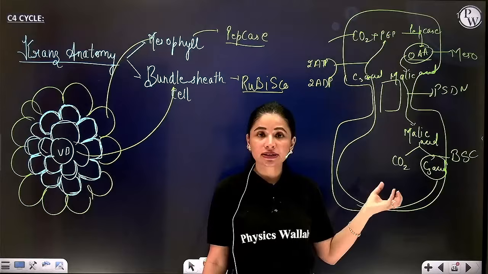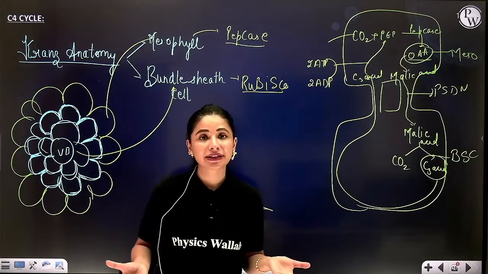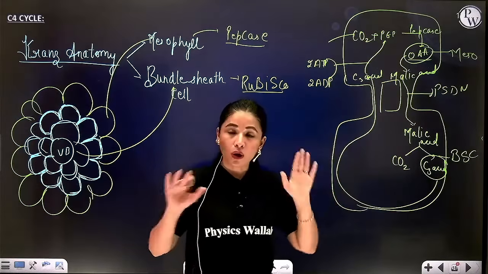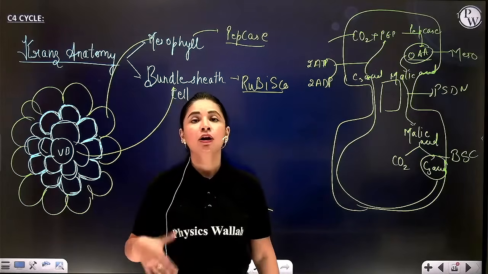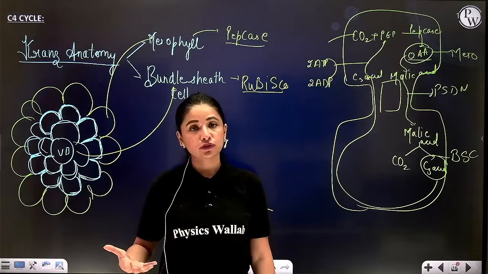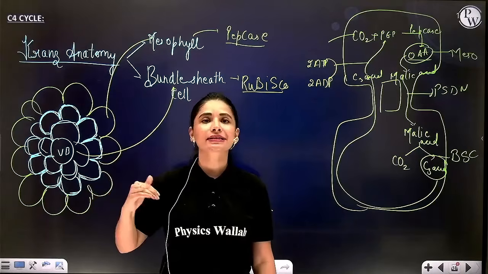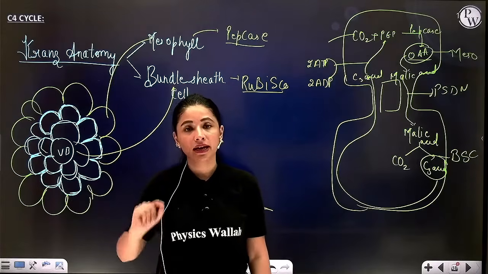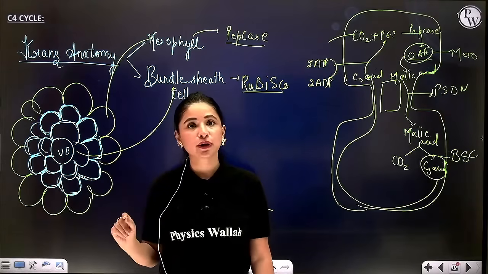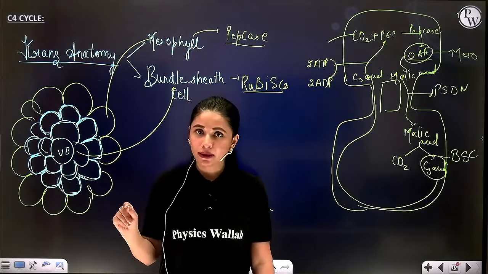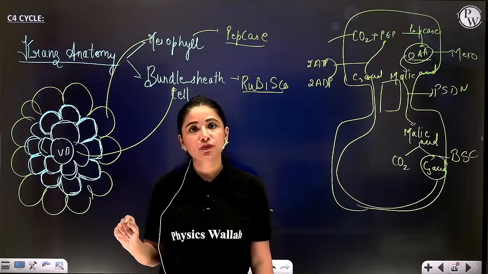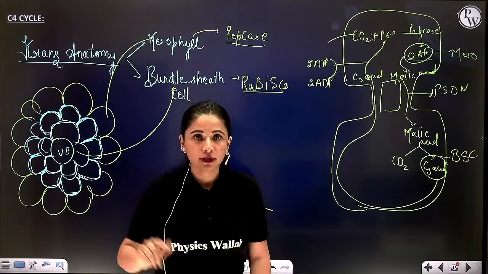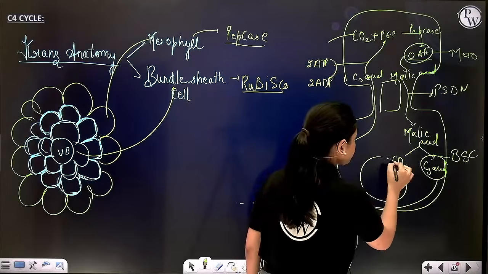CO2 concentration is always maintained high because C4 plants show an internal CO2 concentrating mechanism. The bundle sheath cells themselves manufacture their CO2 by the breakdown of malic acid. So always inside the bundle sheath cell, the concentration of CO2 is higher compared to O2. Hence, the CO2 is always going to bind with RuBP in the presence of the enzyme Rubisco and complete the C3 cycle to produce glucose.